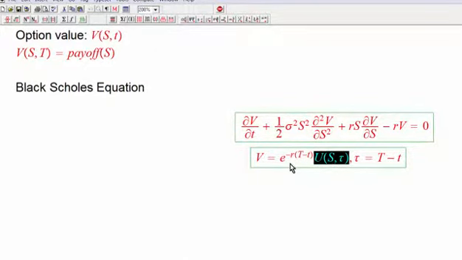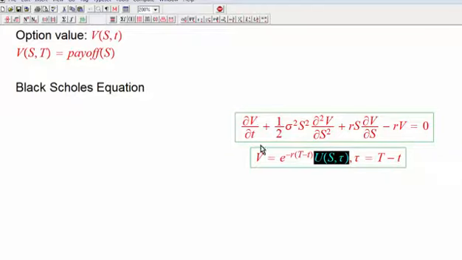I'm replacing the time part with tau; think of tau as the time left. So tau is equal to the expiry time minus the time it is now. When tau is equal to 0, the time is capital T, so the payoff would be when tau is equal to 0.